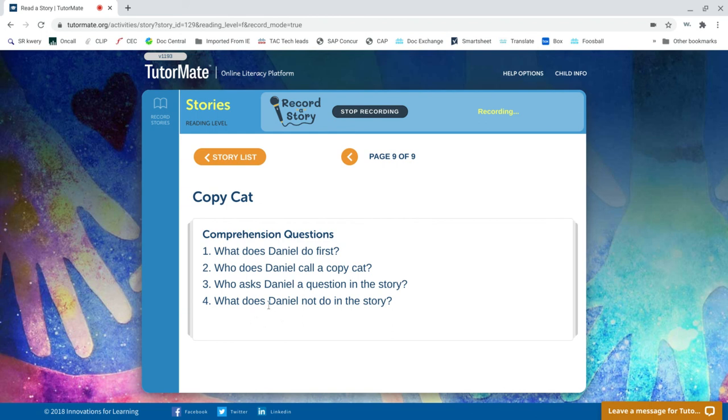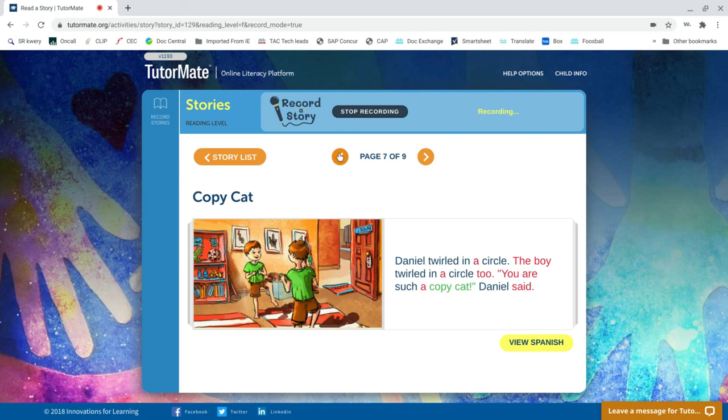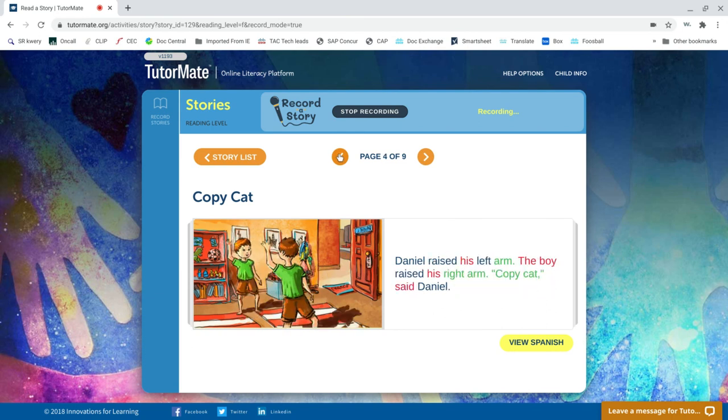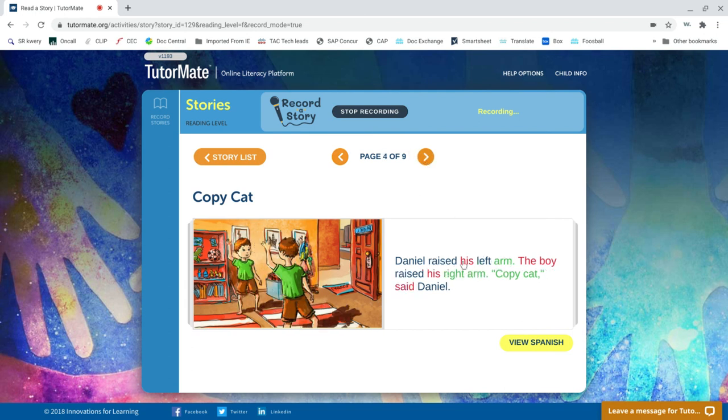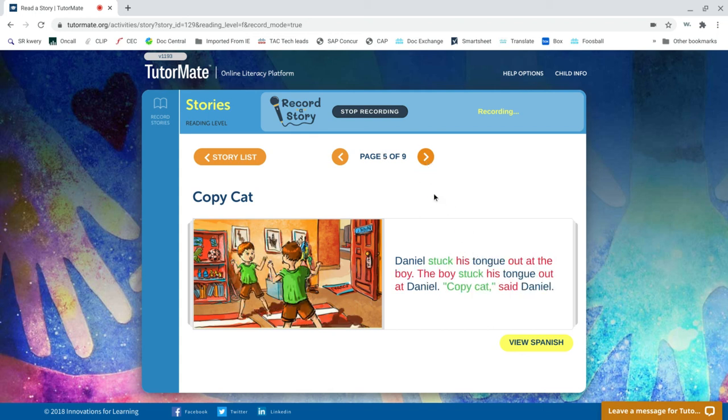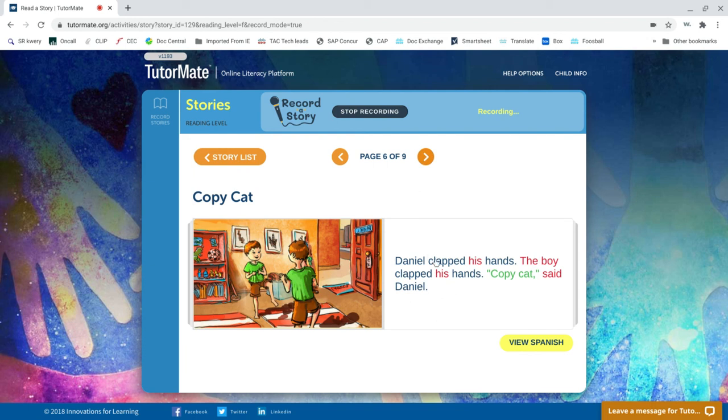Number 4, what does Daniel not do in the story? Well, we know what he does do. We see that Daniel lifts his right leg, raises his left arm, stuck his tongue out, clapped his hands, and twirled in a circle.